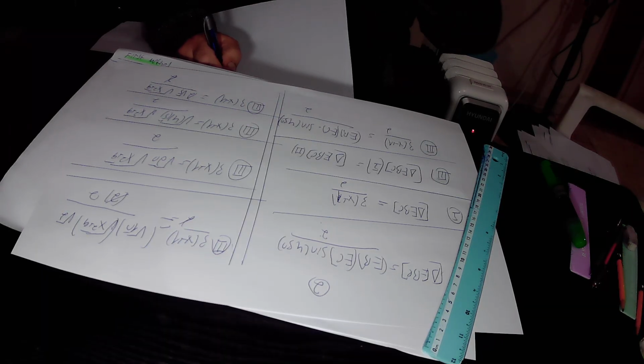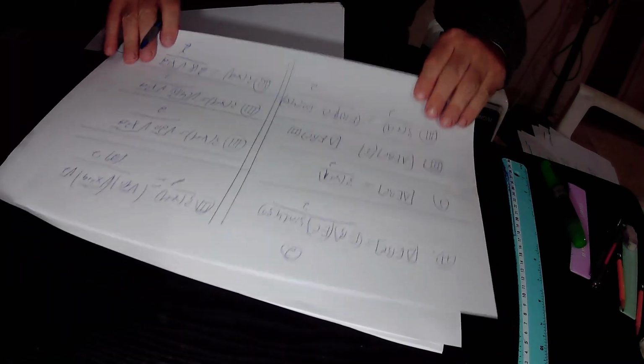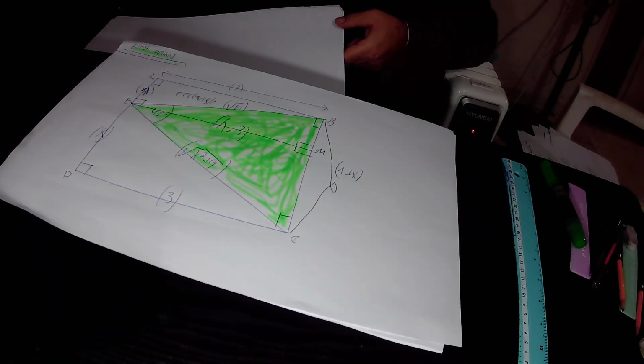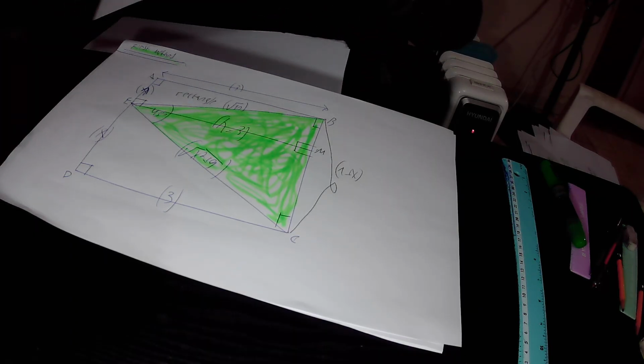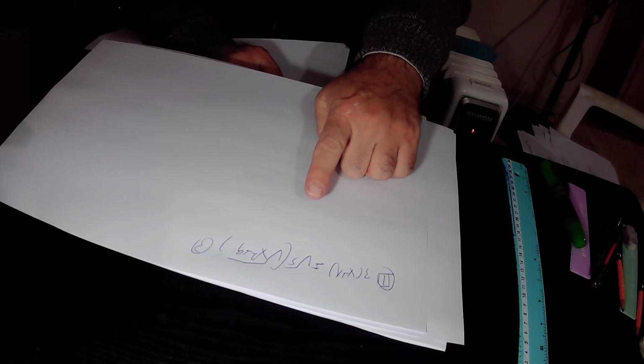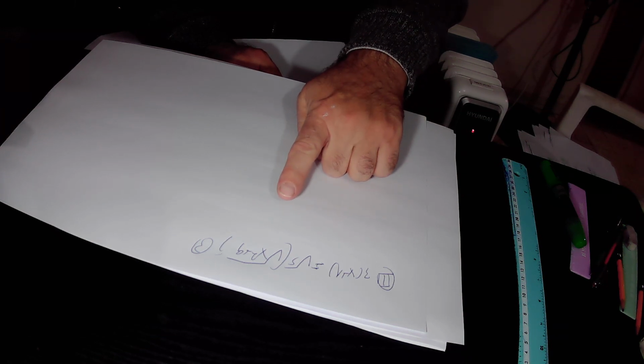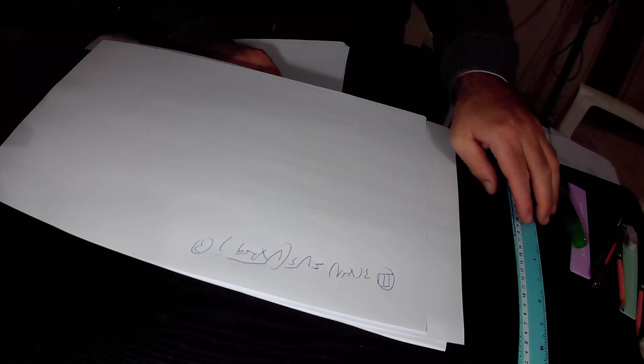In total, according to equation 3, 3 times (x plus 1) equals the square root of 5 times the square root of x squared plus 9.